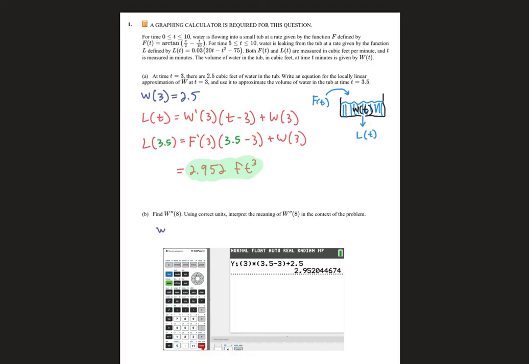So w prime of t equals just regular f of t minus regular L of t, no derivatives.